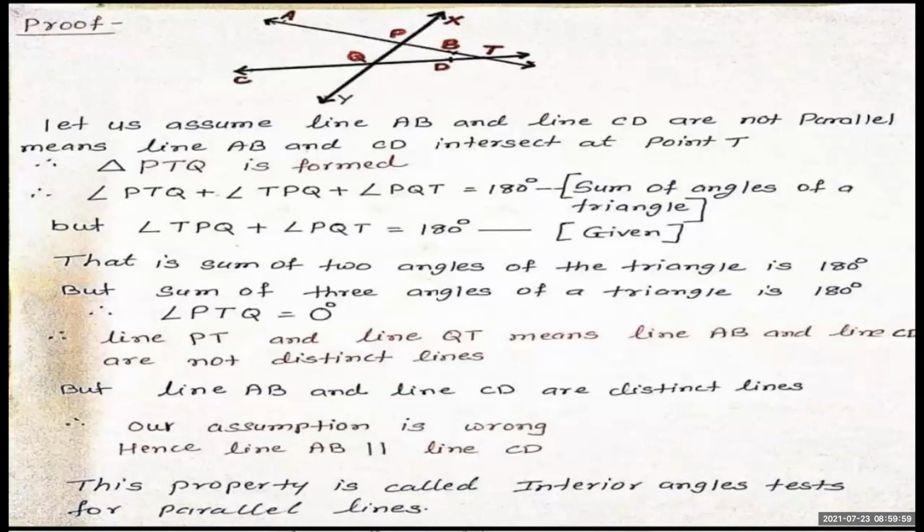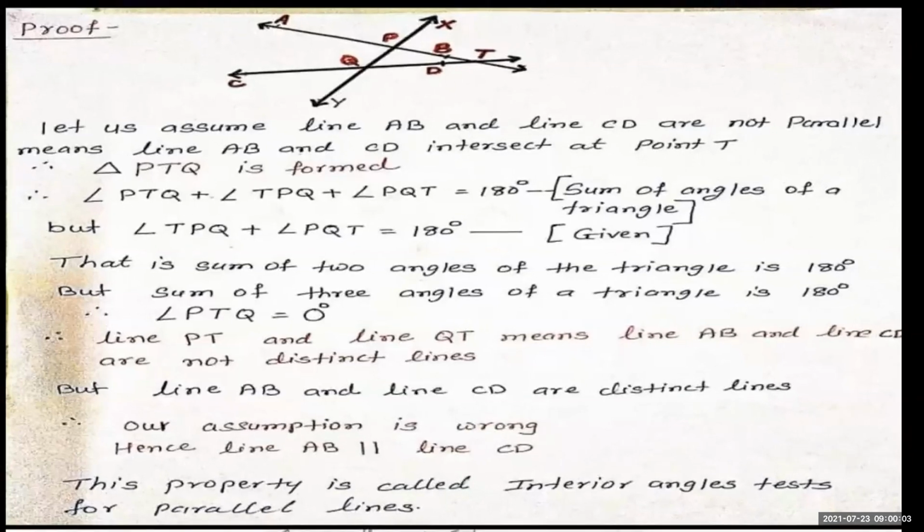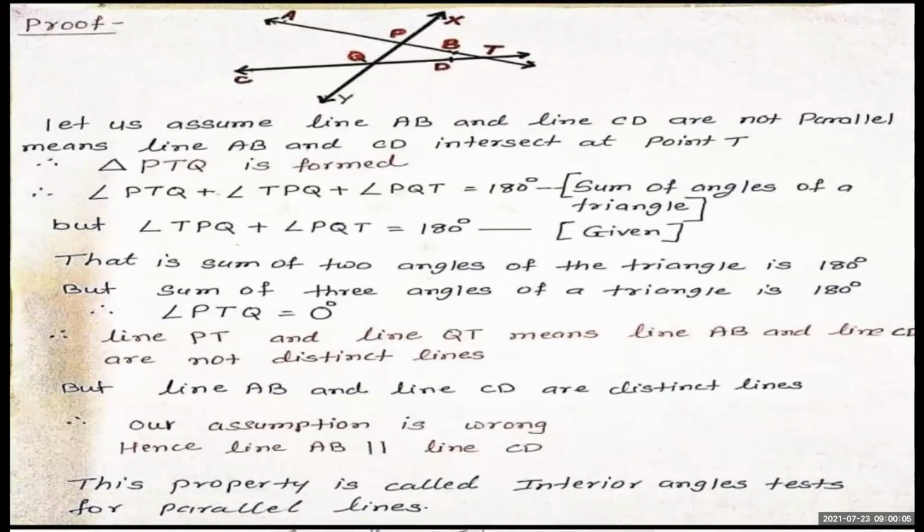Line PT and line QT, meaning line AB and line CD, are not parallel because those are not distinct lines. Okay, if the angle is 0, then there will not be any angle formed. So if no angle, there will be 0 measurement.